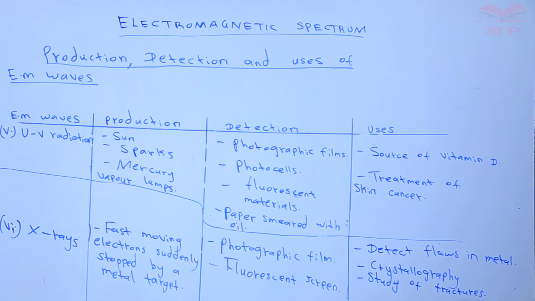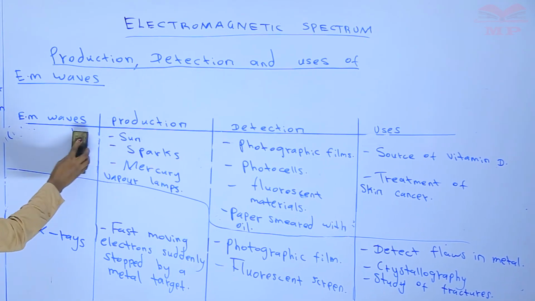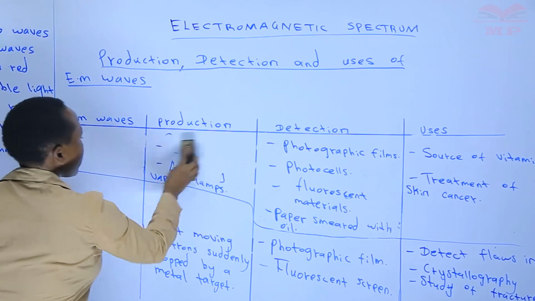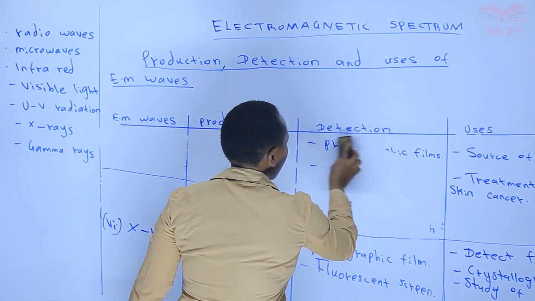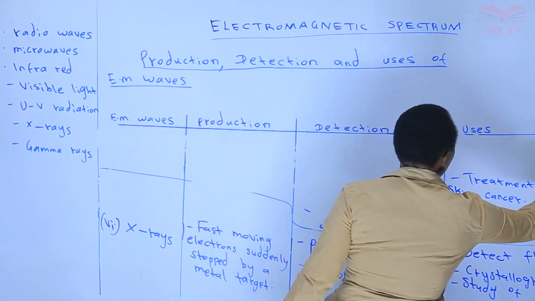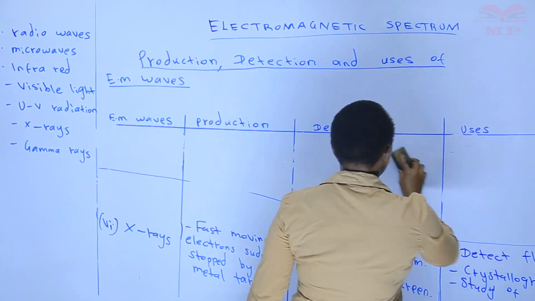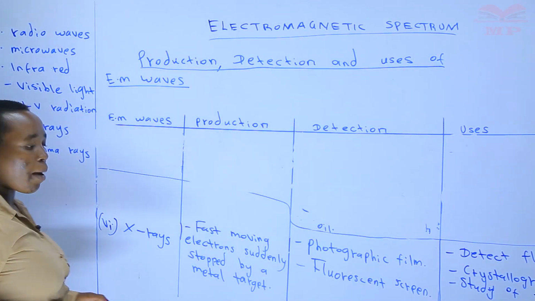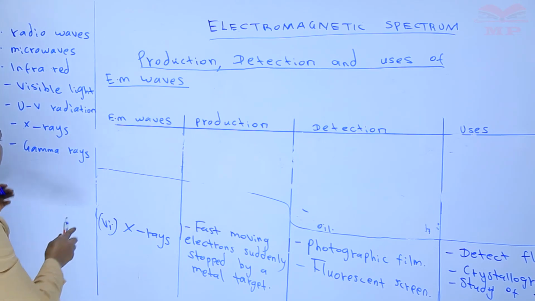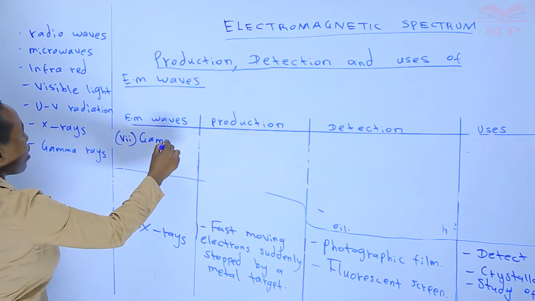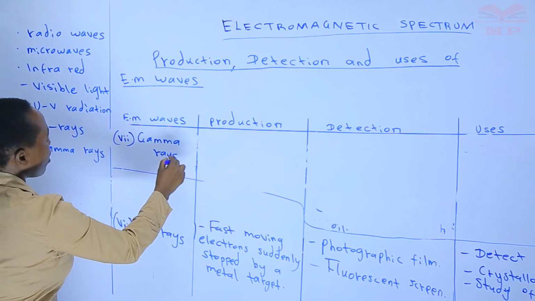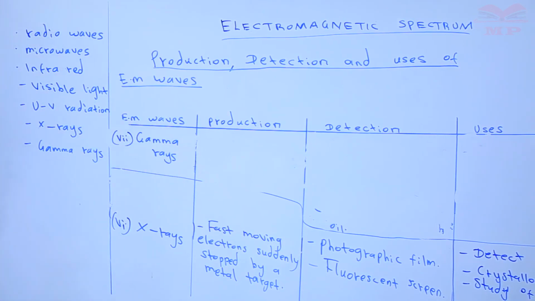So lastly, we have our last electromagnetic wave, which has the highest energy and the largest frequency. That is what we call the gamma radiation, or simply the gamma rays. Gamma rays, how are they produced?